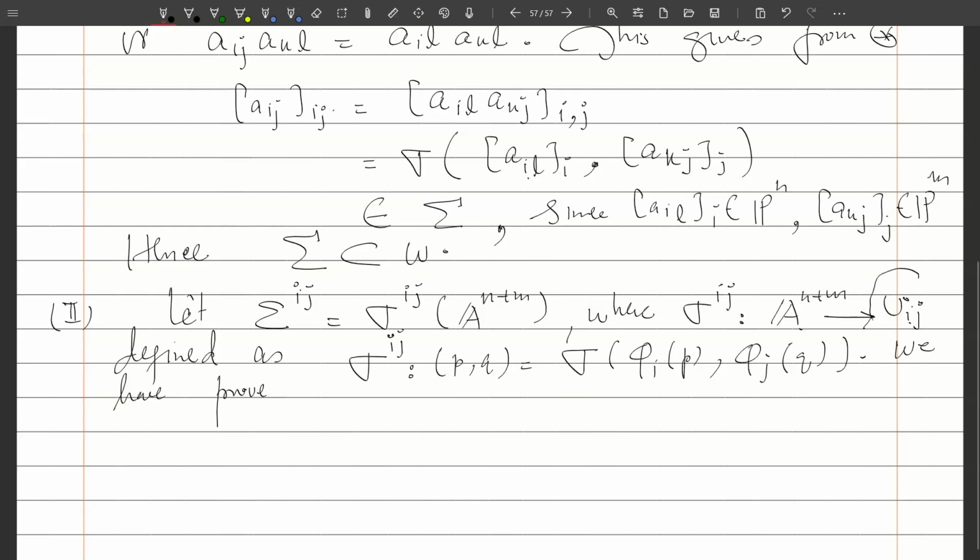So if we restrict U_ij to its image sigma_ij, then it may be an isomorphism, and we had to prove that in that case it is an isomorphism. So we had to prove sigma_ij from A^(n+m) to sigma_ij, which is the image of this little sigma_ij, is an isomorphism.